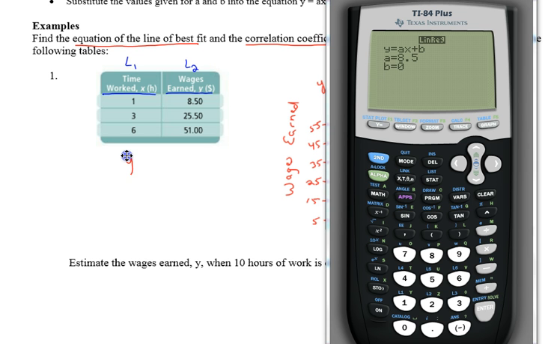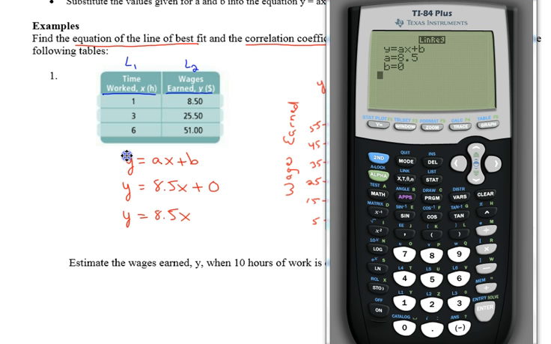So we have the general form y equals ax plus b, and it tells us that the a value is 8.5 and the b is 0. So all we have to do is substitute those values into the equation. We're just going to clean up that equation a little bit and say that that's y equals 8.5x.